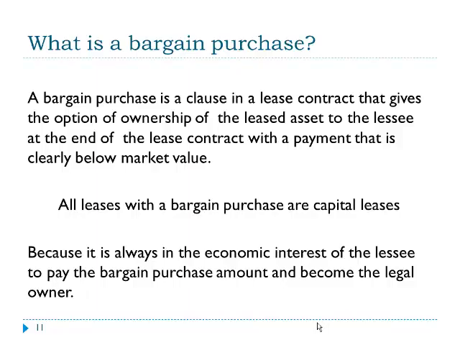This is true even if the lessee doesn't want to retain the asset, because the lessee could always pay the bargain price and then turn around and sell it for fair value and have a profitable return. So bargain purchases are assumed to always be acted upon by the lessee, and thus they determine explicitly an ownership.